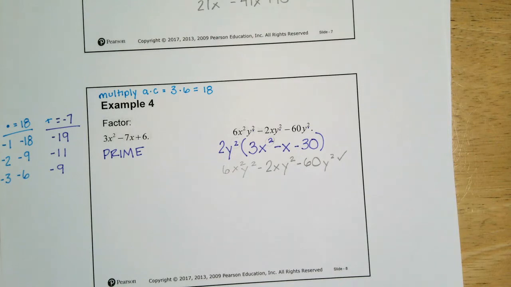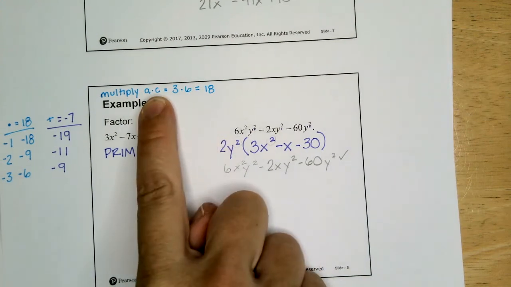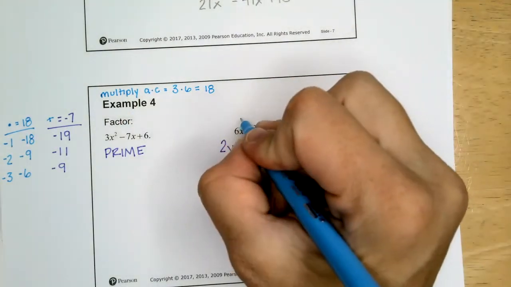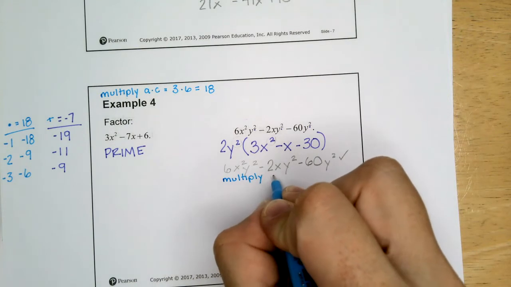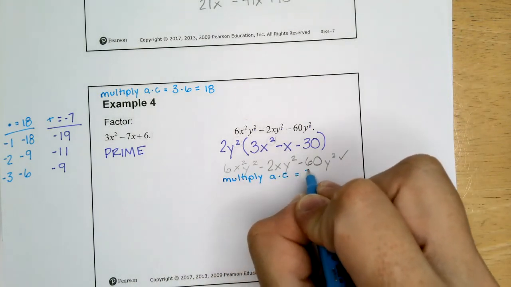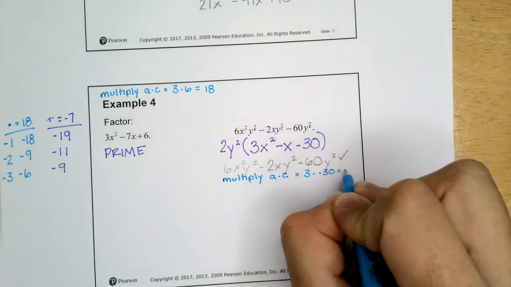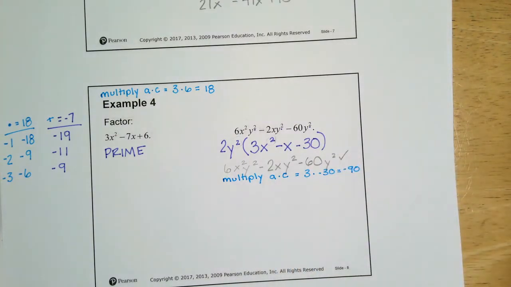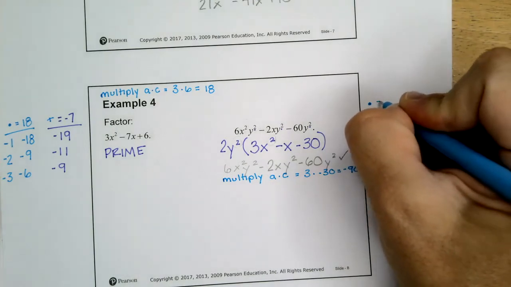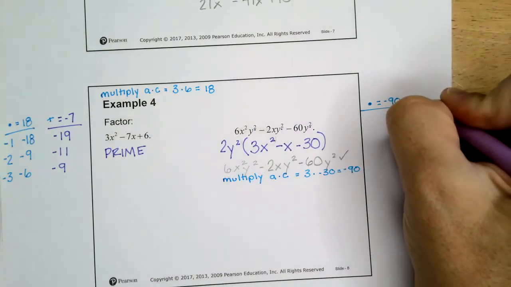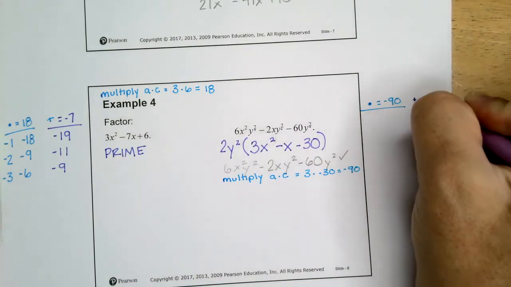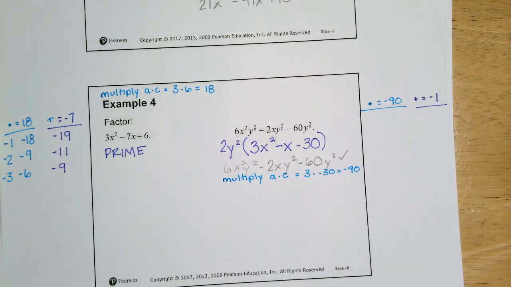Now our A is 3 and our C is -30, right? We're going to multiply A times C. Three times negative 30, which is negative 90. Okay. So now we're going to say it needs to multiply to equal negative 90. It needs to add to equal negative 1. Interesting. Very small. All right. Negative 90.